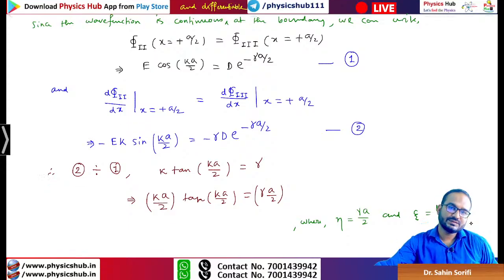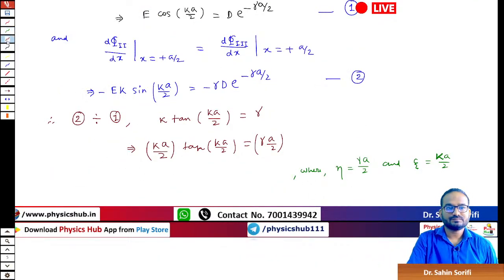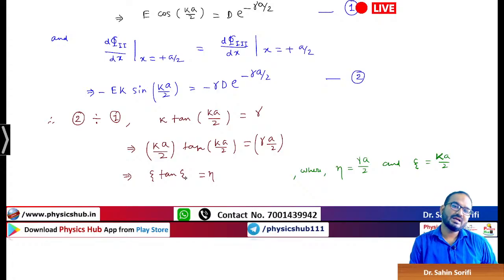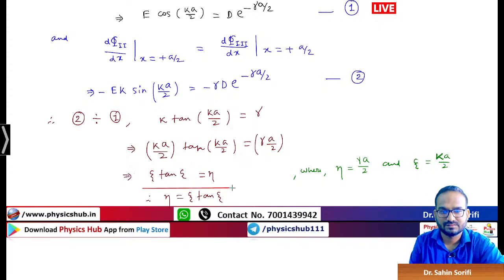If we define these two terms, ka by 2 is xi, so tan xi is equal to gamma a by 2, which is eta. So eta is equal to xi tan xi. Is it clear or not?